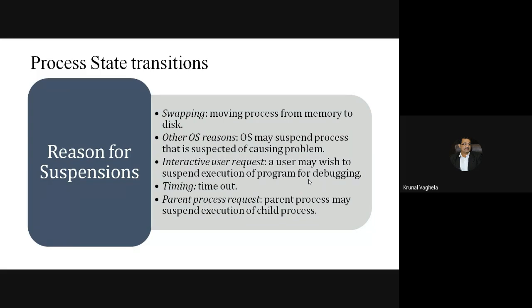You want to do the debugging, checking the error or checking for the bug. Timing out. For example, the operating system will assign some maximum time to a process, and the timeout will happen and the operating system needs to vacate the memory. Or the last reason may be parent process request. The parent process may suspend execution of the child process, right?